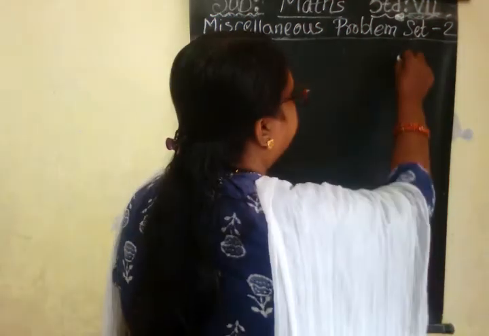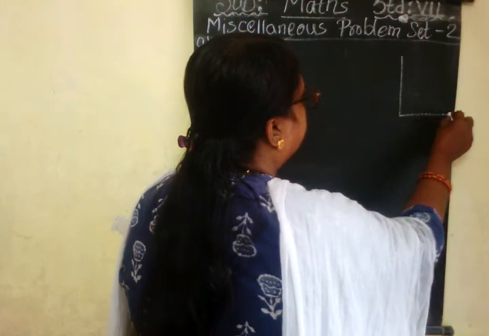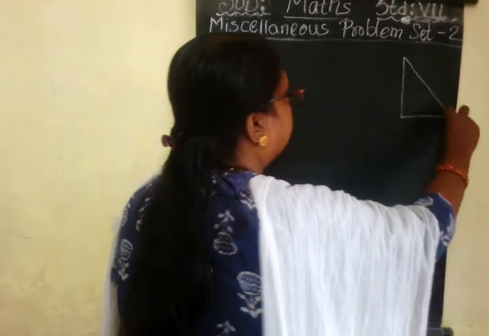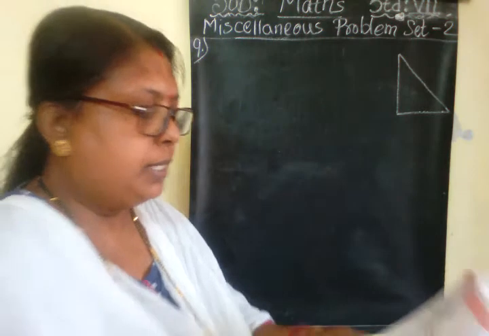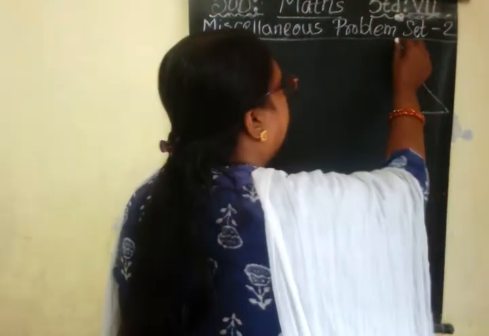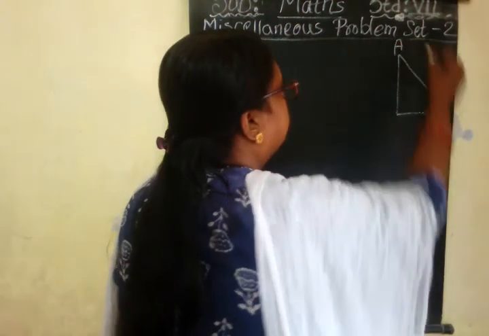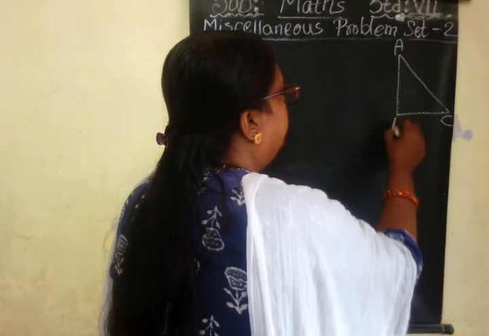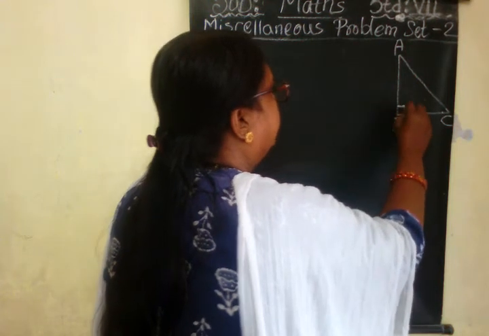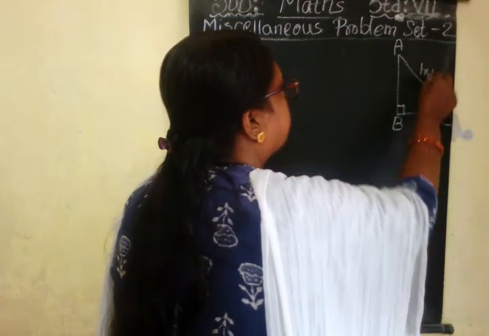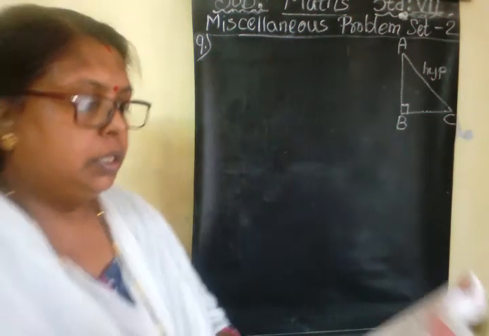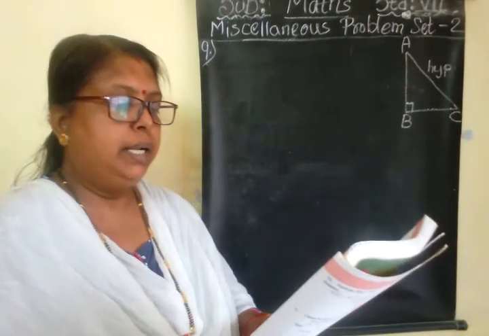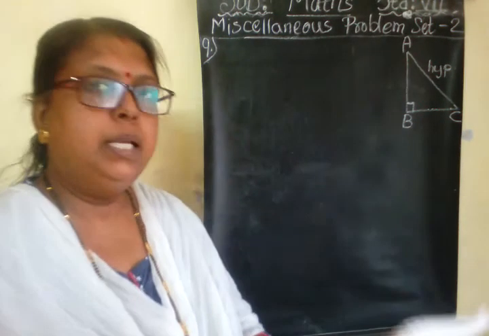So the name of the triangle is ABC and hypotenuse is AC. So this will be B, 90 degrees. This is hypotenuse. Okay. The given information is in triangle ABC, angle B is 90 degrees.